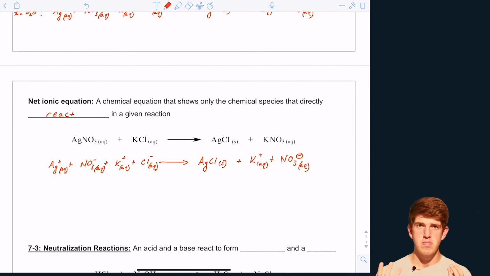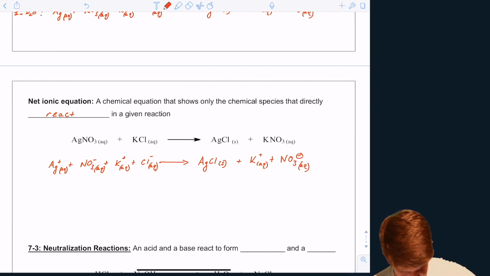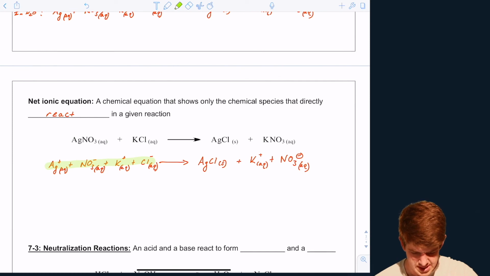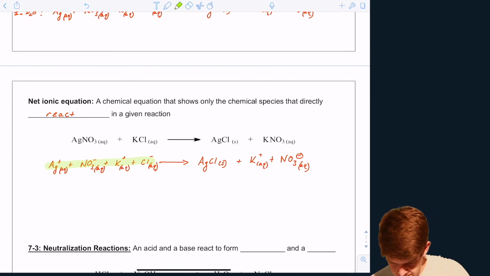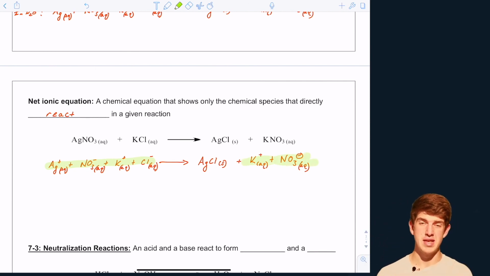So, did I have all of my actual original elements react? No, I didn't, because on this side of the equation, I have K+ and NO3-. They are aqueous, and I still have those kind of suspended in solution.